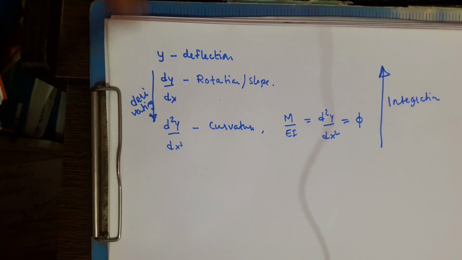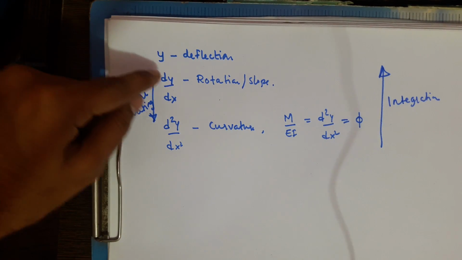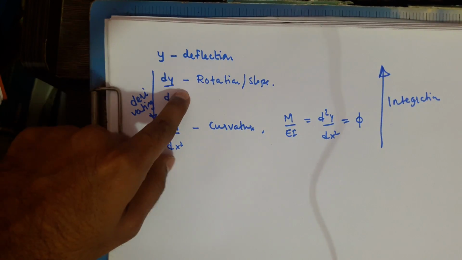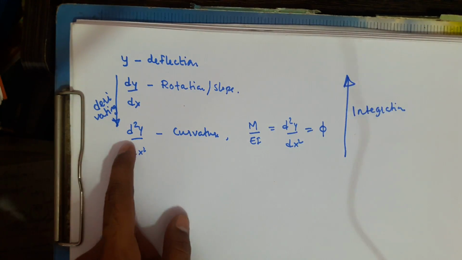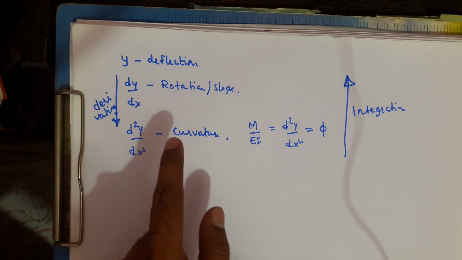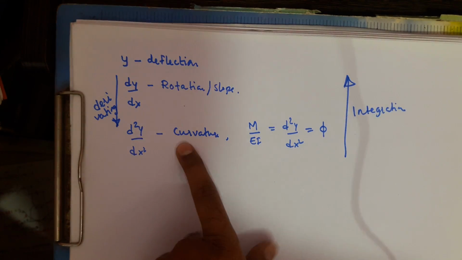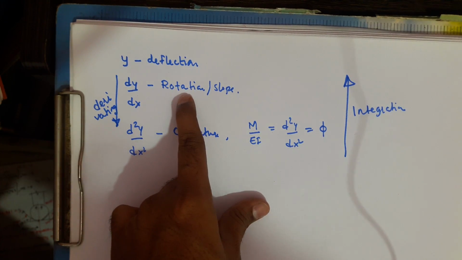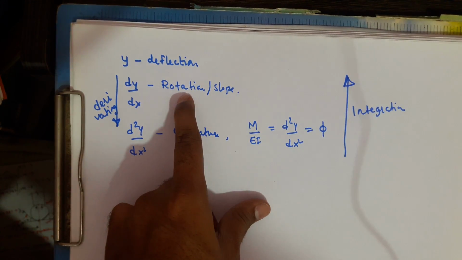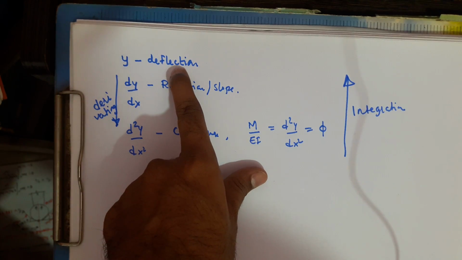When we are going in this direction, we have to differentiate. Differentiation of deflection is rotation, differentiation of rotation is curvature. When you are going in the reverse direction, the integration of curvature will give you rotation, and integration of rotation will give you deflection.